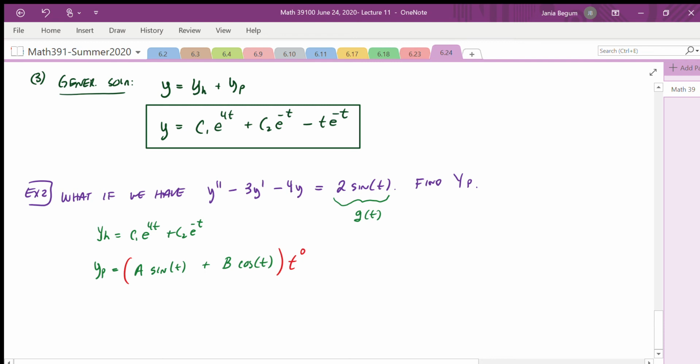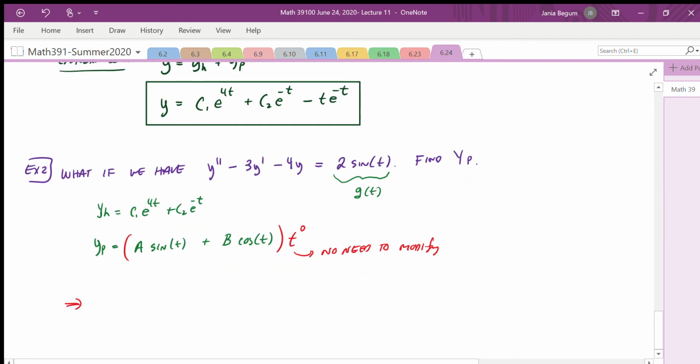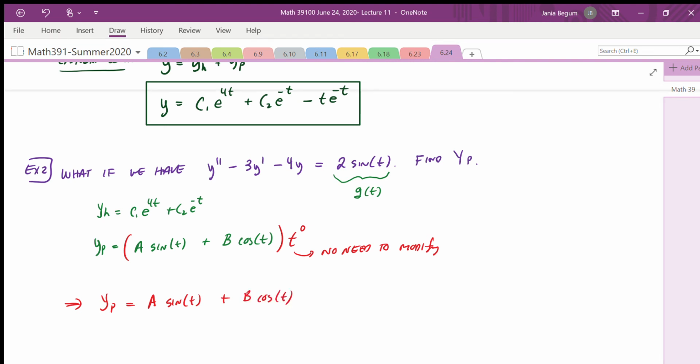It looks silly to write t to the 0, so just say no need to modify. So the form is going to be a sine t plus b cosine t. That will be the particular form.